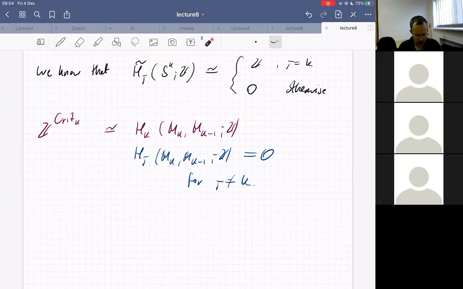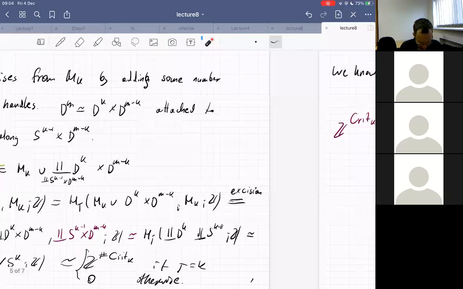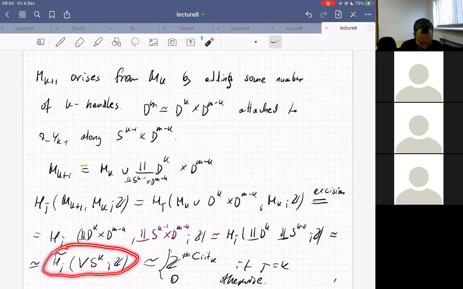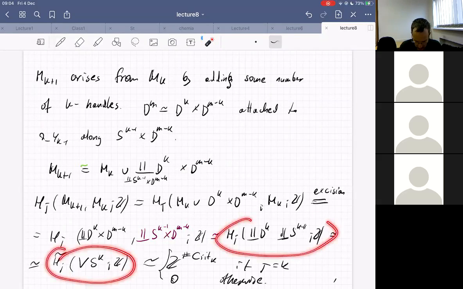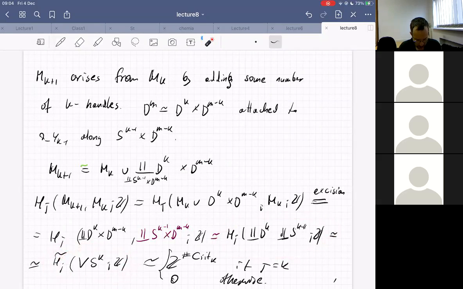Okay. So one thing slightly bothers me, because we use reduced homology here, and here we use the standard homology. Didn't we write that? Okay, this is reduced, here is reduced. So I wonder about index 0.